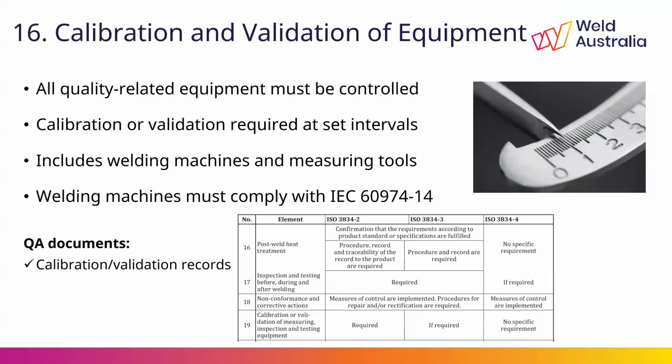Ashkan, we have another question. Can WPS for butt welds be used for repair welding? Depends on the standard. For example, if your welding standard is ISO 15614, if you go to that section, you can see you can use butt weld WPS for repair welding, as long as the WPS is supported by a PQR for that specific work.